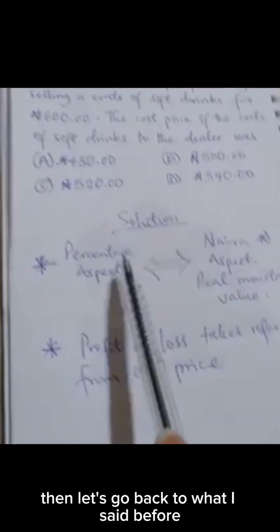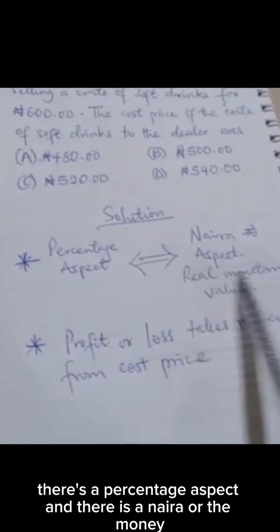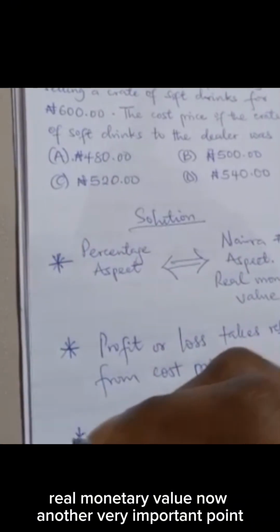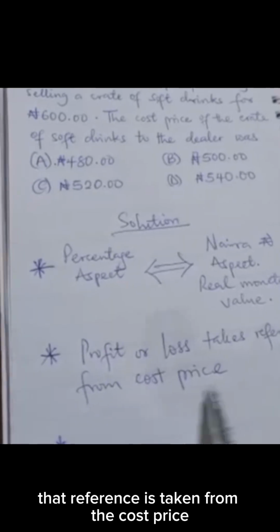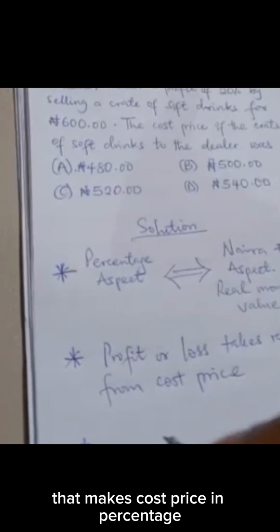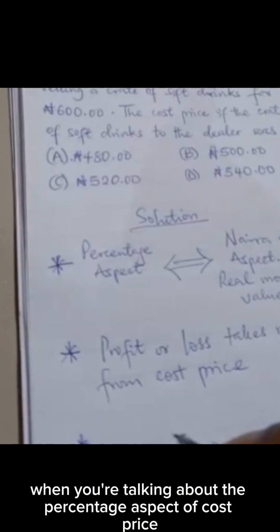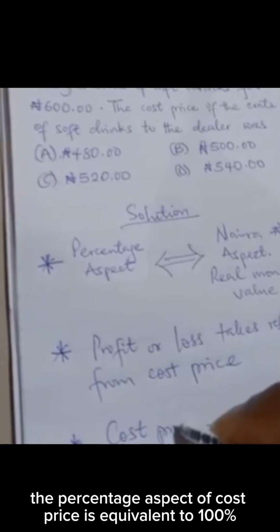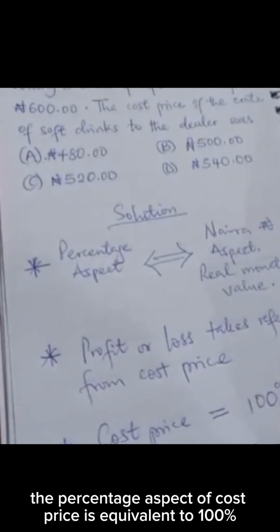Okay, let's go back to what I said before. There's a percentage aspect and there is a naira, or the real monetary value, aspect. Judging from the point I've made, that the reference is taken from the cost price, the cost price in percentage is 100%.